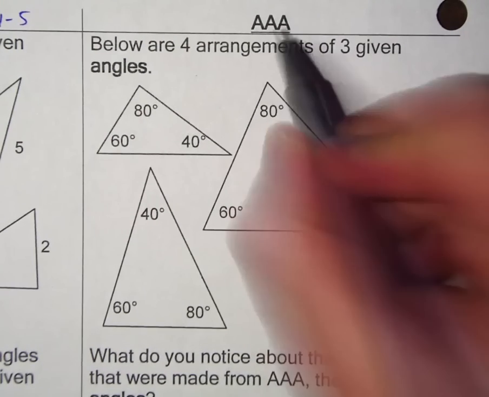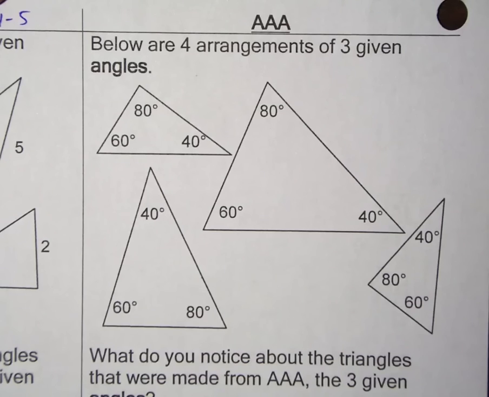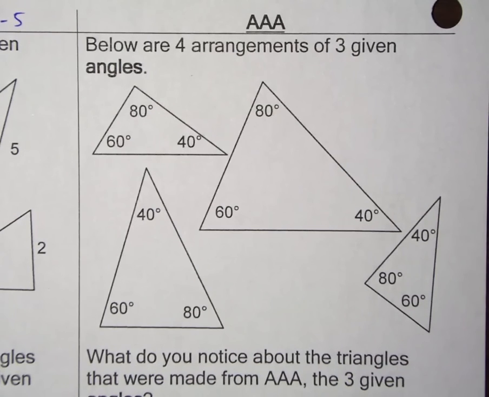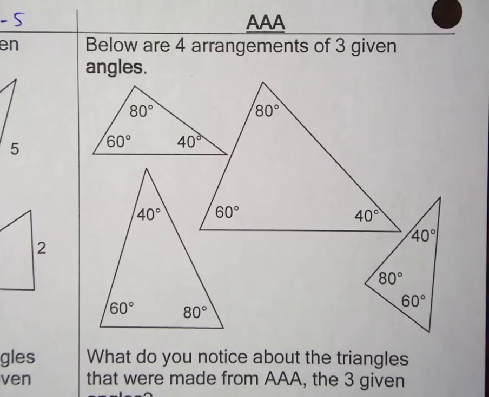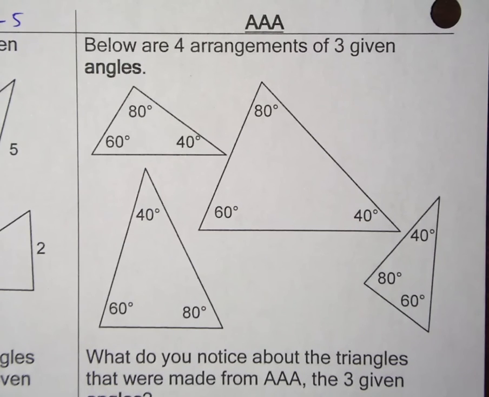We're given angles. Now if you take a look here, it's pretty quick and easy to see that just because you have the same 3 angles, which these triangles do, does not mean you're going to have the same exact triangles. They've been blown up, or they've been shrunk, or they've been rotated or flipped. So it's the same shape, but different sizes. So these are not congruent triangles.